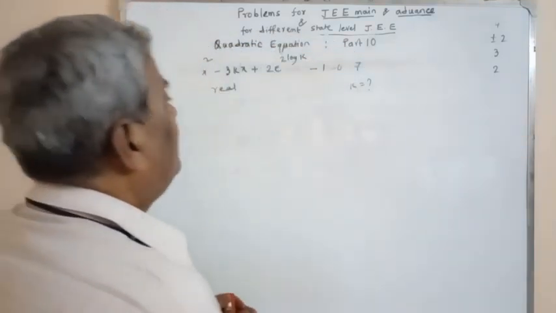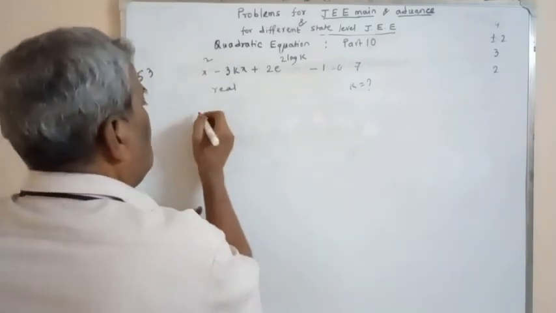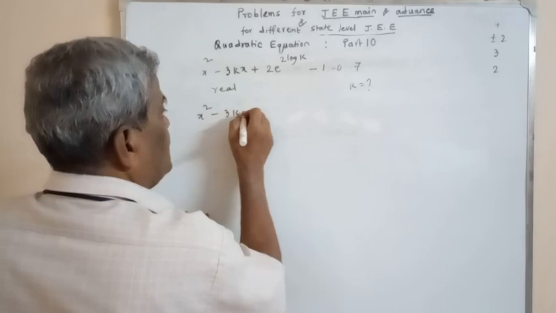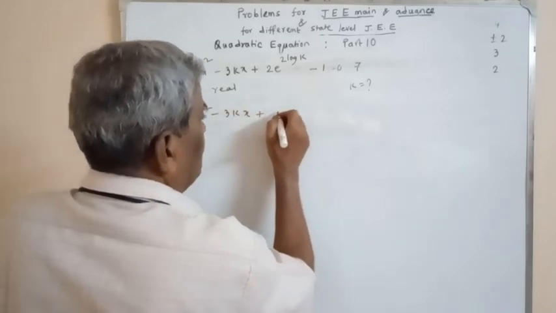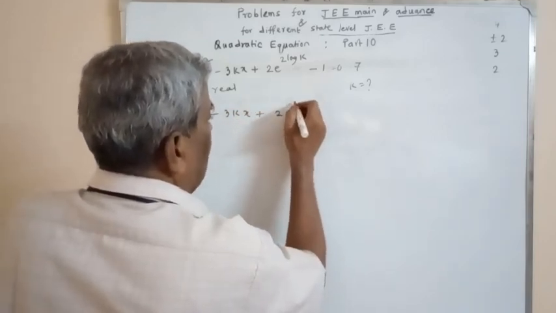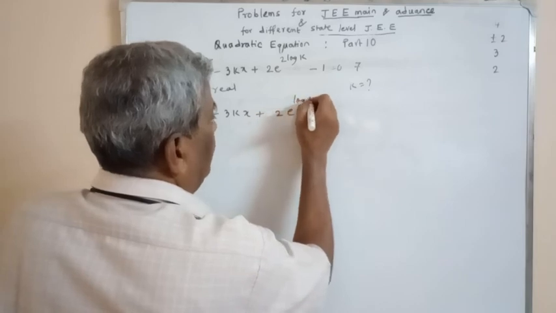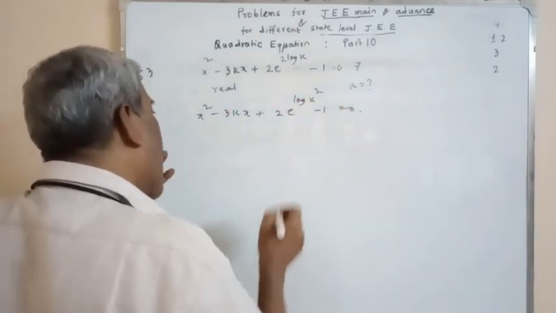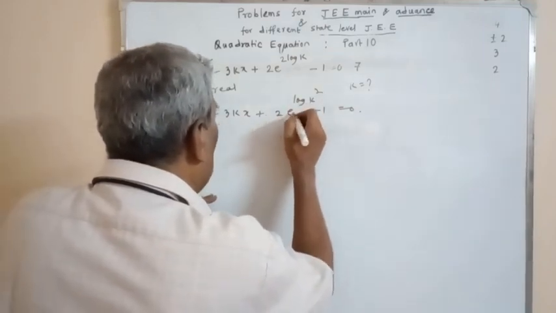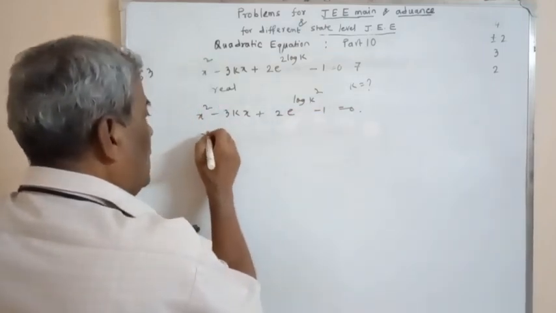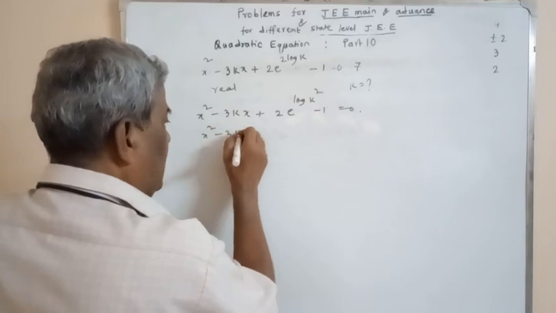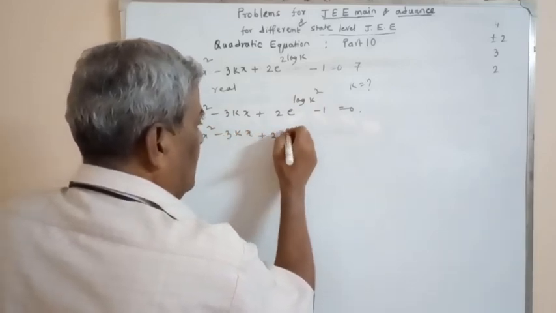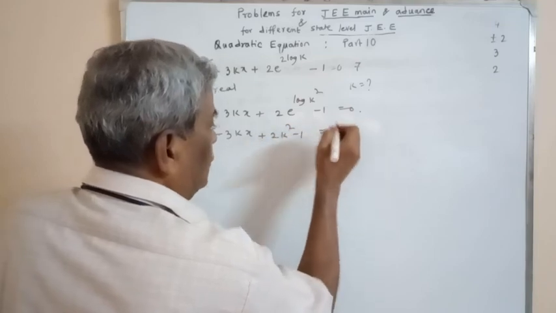The equation actually is x square minus 3kx plus 2 e to the power log k square minus 1 is equal to 0. Now e to the power log will cancel, so it is x square minus 3kx plus 2k square minus 1 is equal to 0.